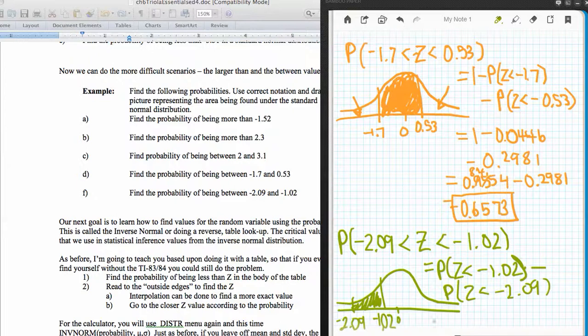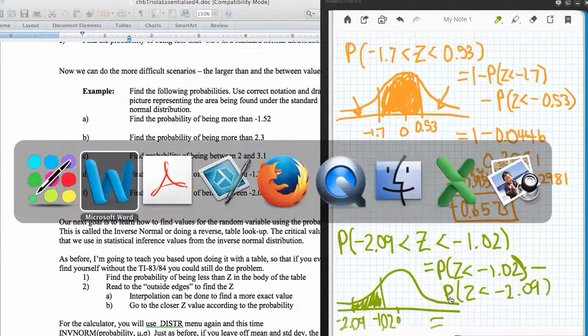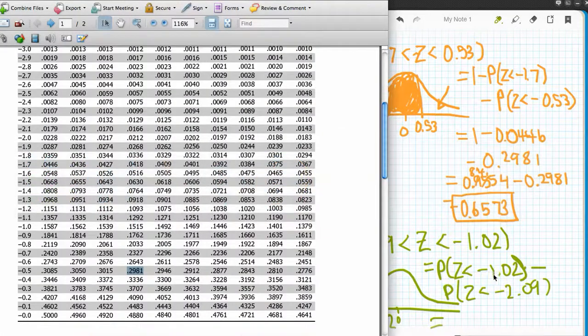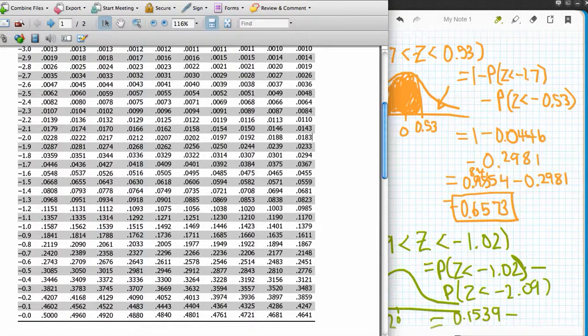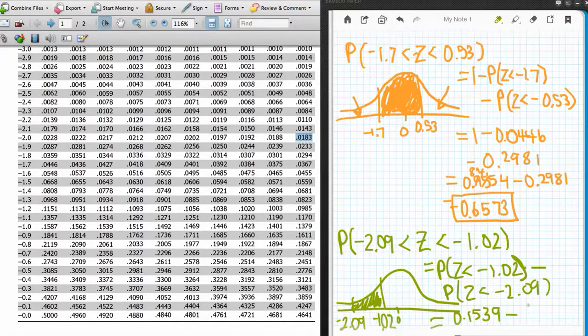So looking up in my table, I find negative 1.02 to be 0.1539, and then subtract from that 2.09, so here's 2.09 here, 0.0183, and the difference between these, I just have to subtract them.